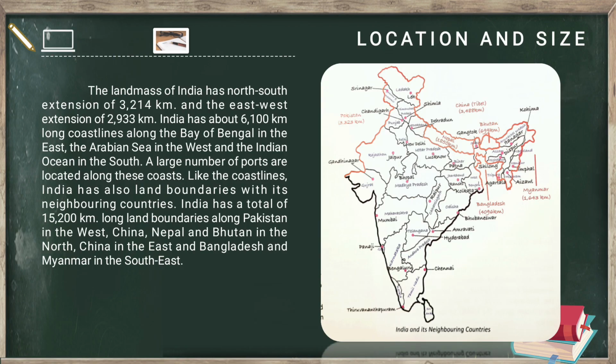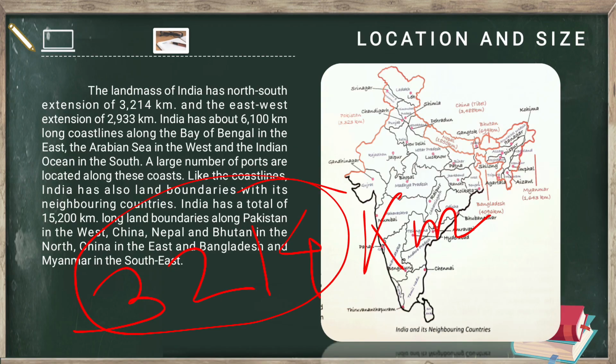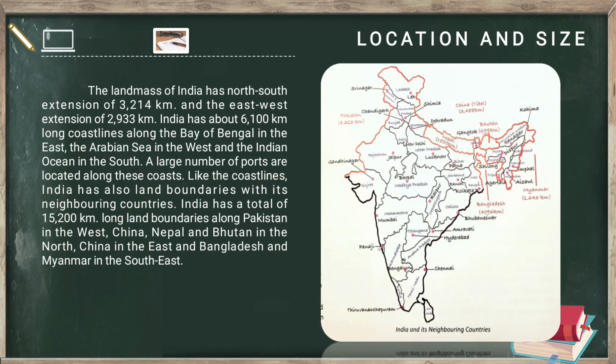Follow through me. The landmass of India has a north-south extension of how much? 3,214 kilometer. So this much kilometer is from north to south, that means from Kashmir to Kanyakumari.